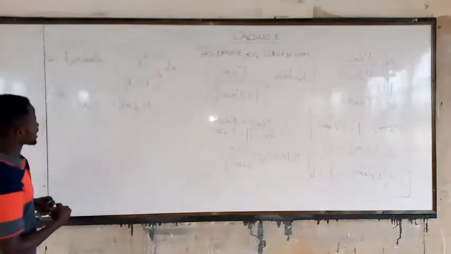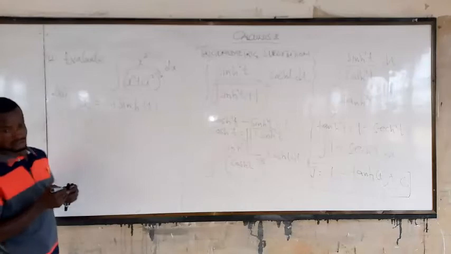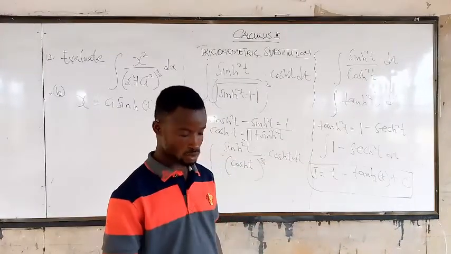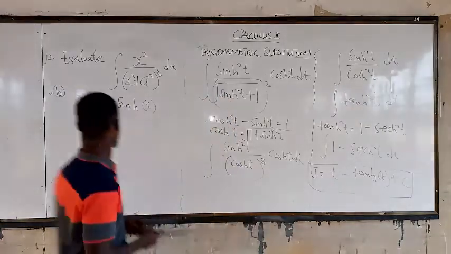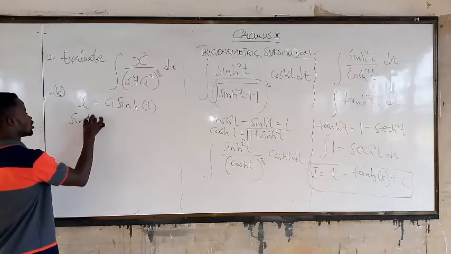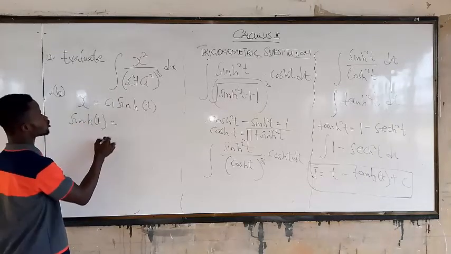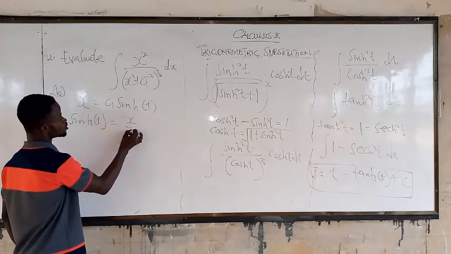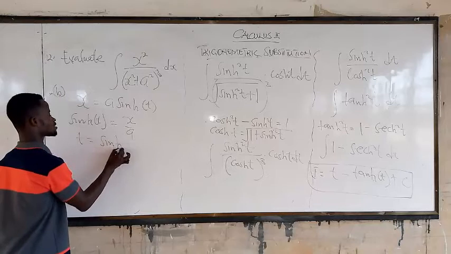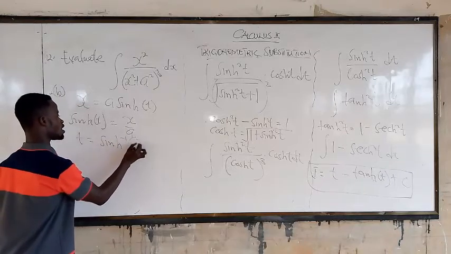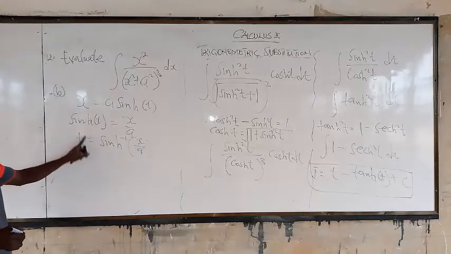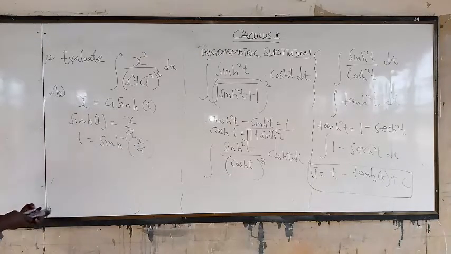From here, we know that to define this t here, we can get it here. We know that sin t is going to be equal to s over a. So t is just sin inverse of s over a. That is t is equal to sin inverse of that.